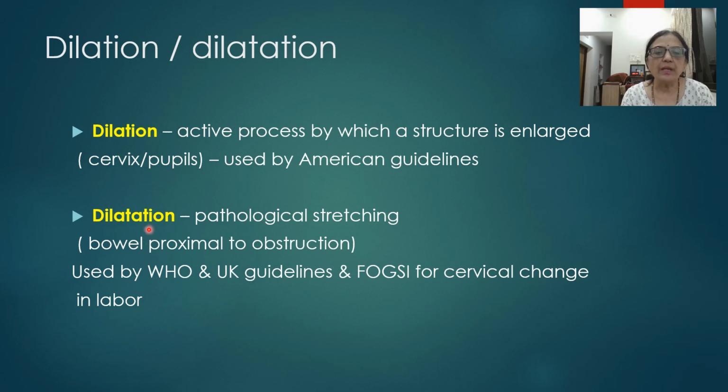But this terminology, dilatation, is used by WHO as well as by UK guidelines and FOGSI Indian guideline also to describe the cervical change in labor. And that is why in today's class, we will be using this terminology, cervical dilatation, to describe the change in the cervix.